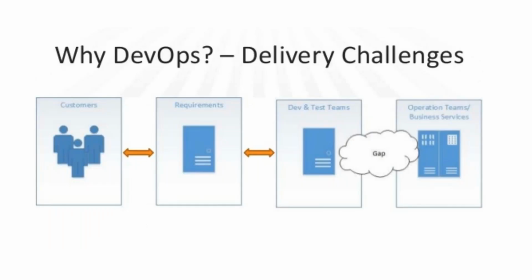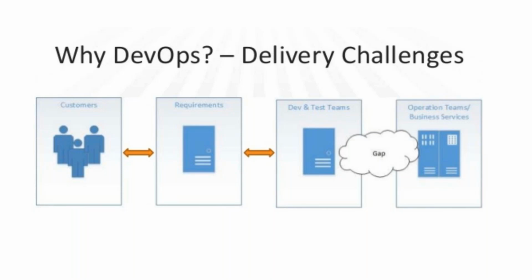Now why are we using DevOps? Why is there a need? If you see in the diagram, there are customers who give the requirements to software companies, and there are dev and test teams. There's a gap between the dev and test team and the operations team, because these two departments are totally different. Some companies don't even sit on the same floor or in the same building. So there's a huge lag or gap between them.